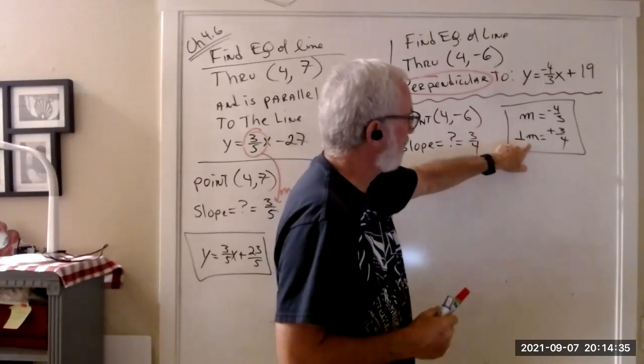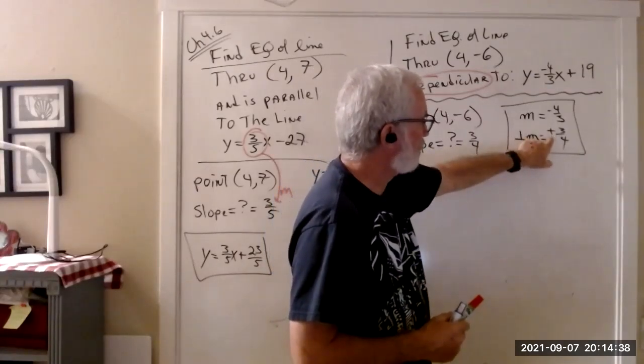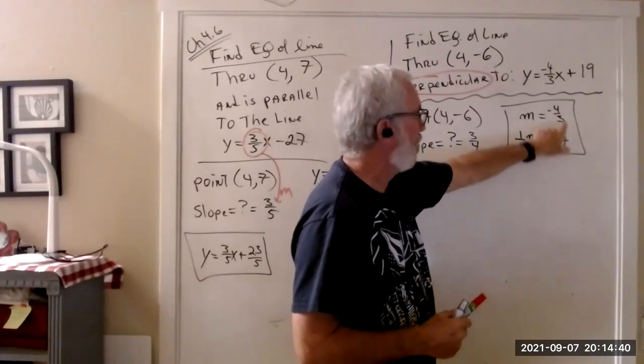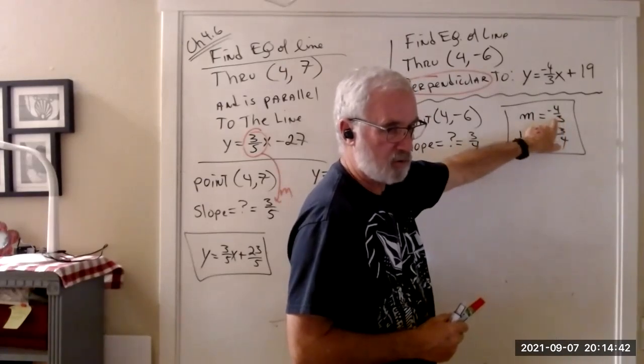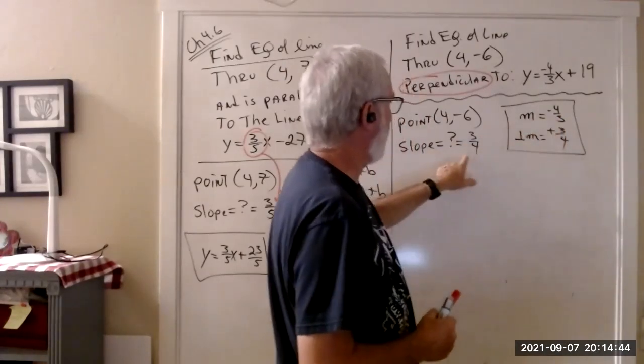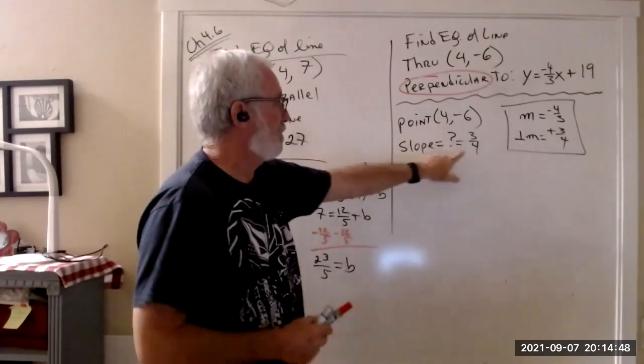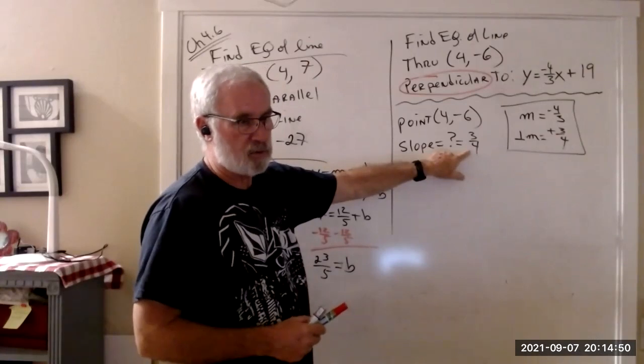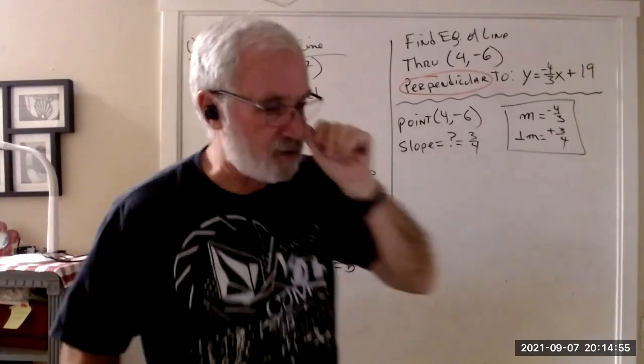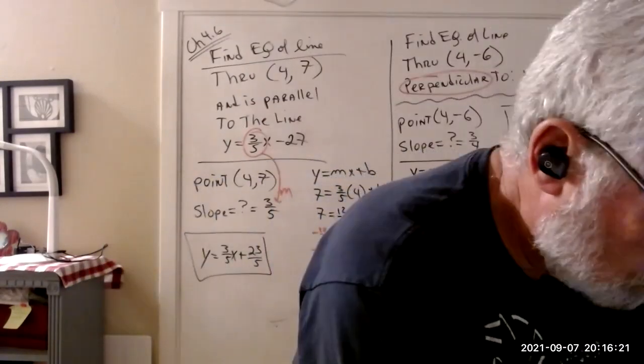The perpendicular slope is the opposite reciprocal of the original slope. So I have that. That was my hidden slope. Okay, let's pause it, finish this one off, and jump to the last.